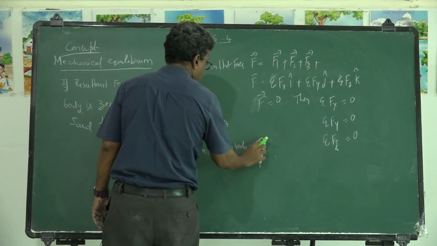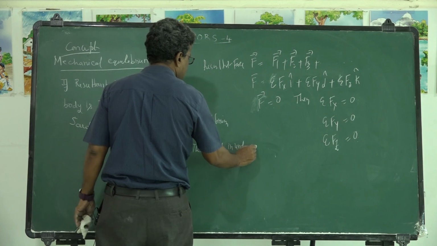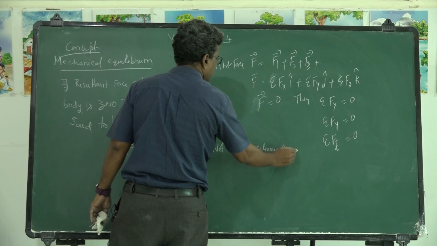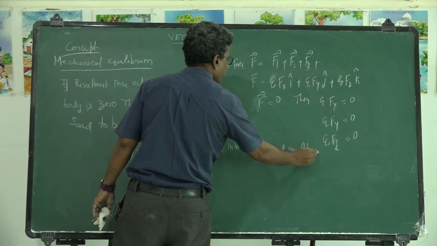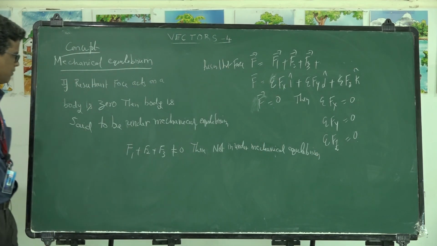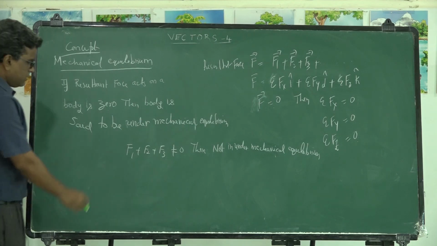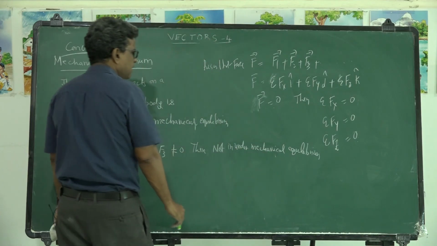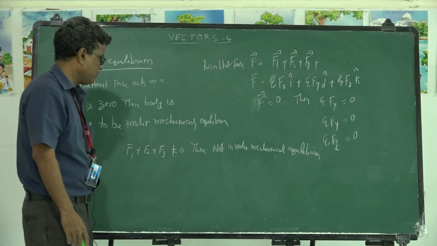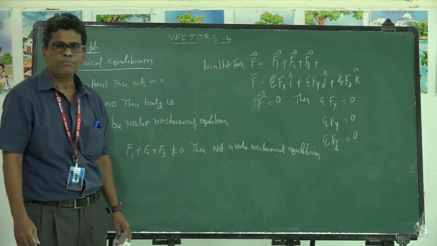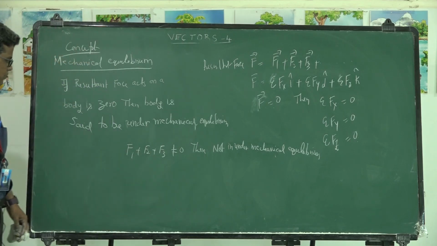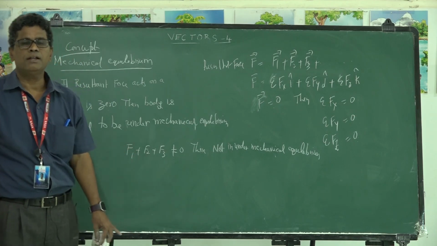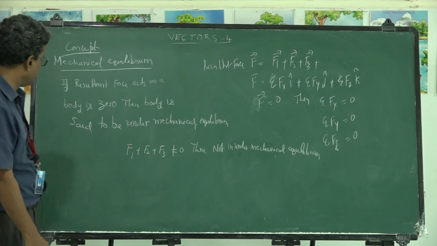Which equilibrium? There are so many equilibriums. Here we are discussing mechanical equilibrium. If the resultant force is not 0, then the body is not under mechanical equilibrium. So for the above question, the answer is that they are not in equilibrium. Okay?